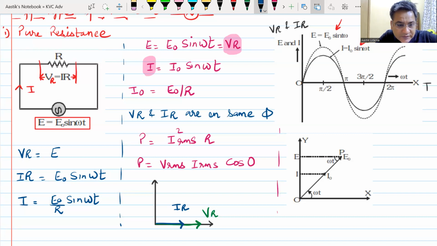The next circuit that we are going to deal with is pure capacitance, I guess. We will deal with pure capacitance first. So we now move on to a circuit which consists of pure capacitance.